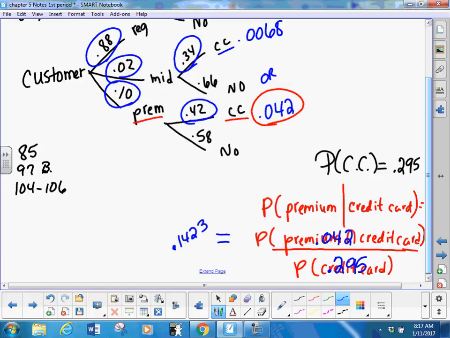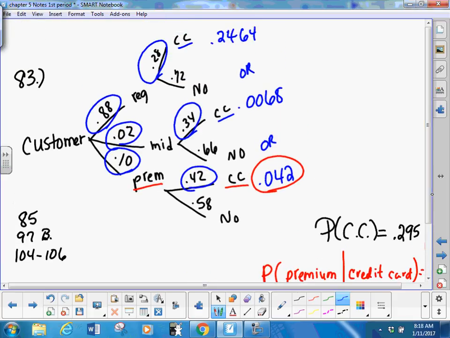Is there like a distinct way of knowing if you're going to use a two-way table or a tree? Here's my clue for the tree. If they give you somebody doing a couple things, most of the time you're going to do a tree diagram. And so in this case, did the person do a couple things?